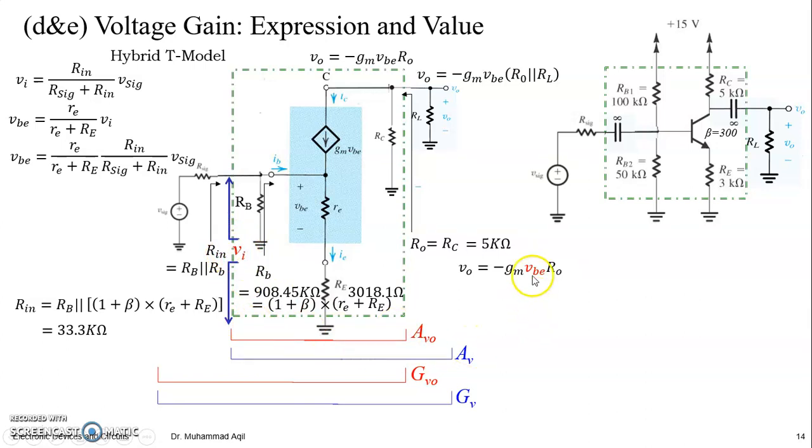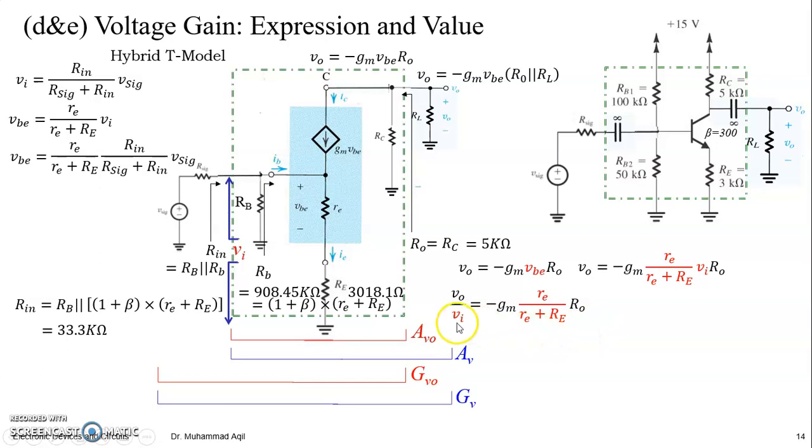But here we have VBE, and we know the relation between VBE and Vi here. So we can put this here to get the Vi relation with Vout instead of VBE.